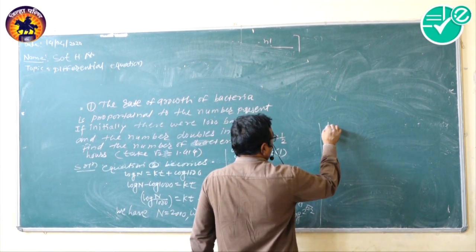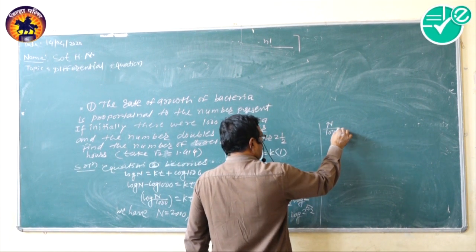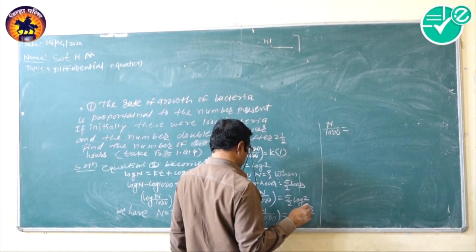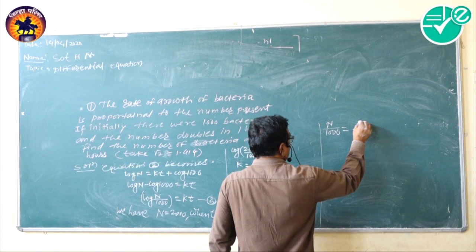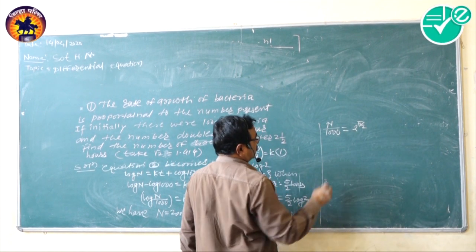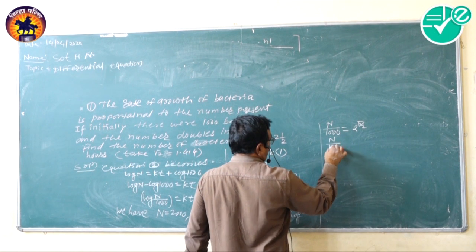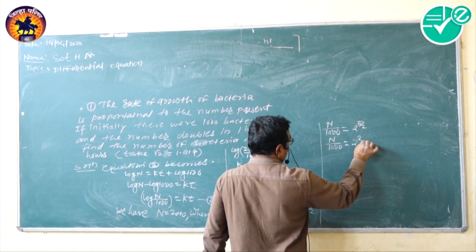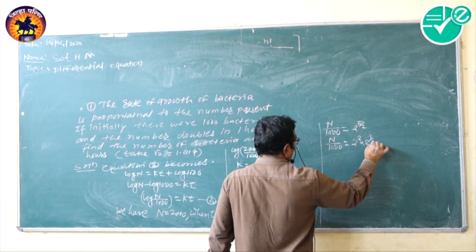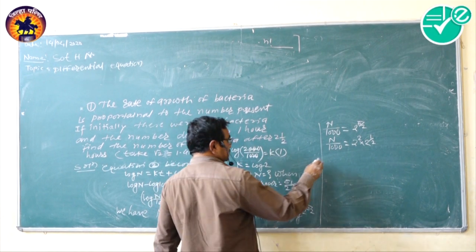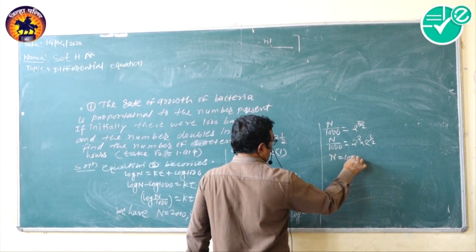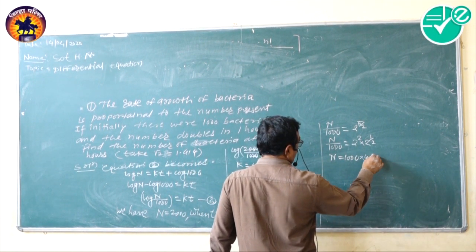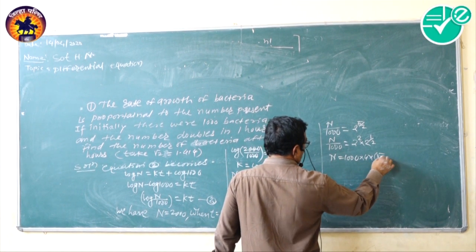This gives N upon 1000 is equal to 2 raised to 5 by 2, that is 2 raised to 2 into 2 raised to half. So N equal to 1000 into 4 root 2.